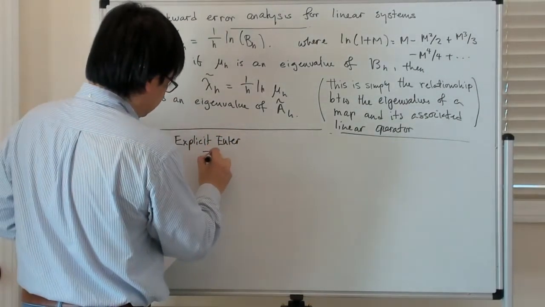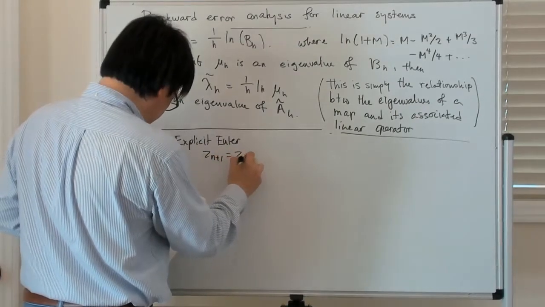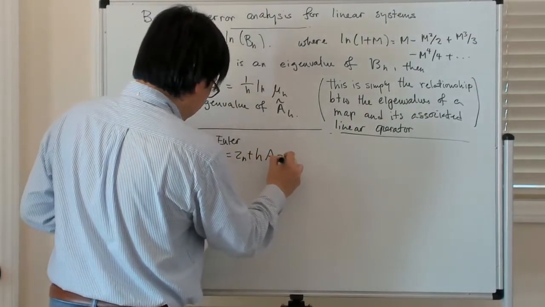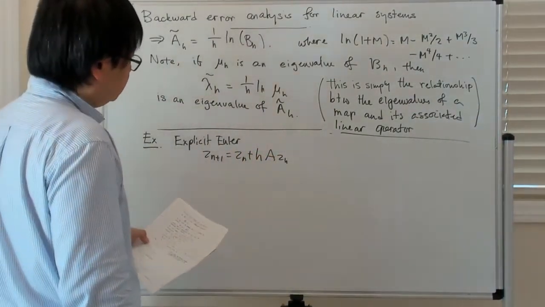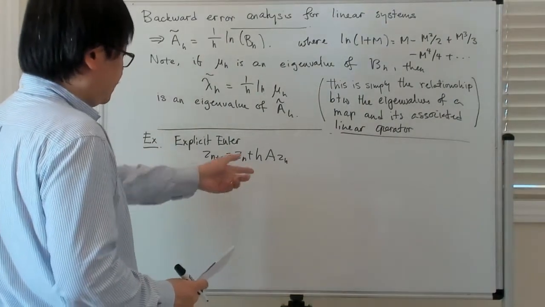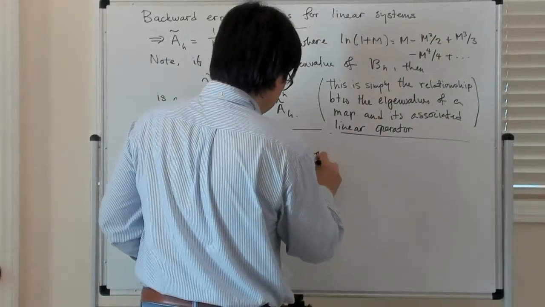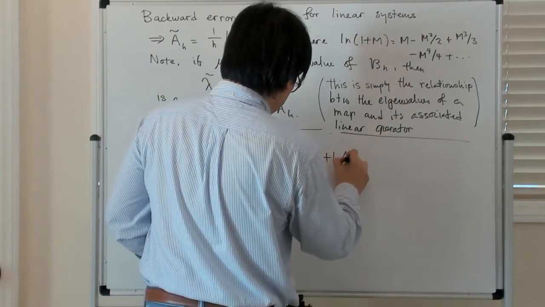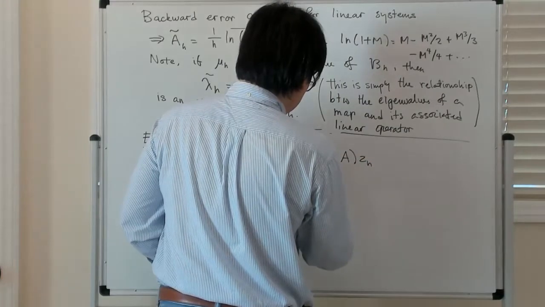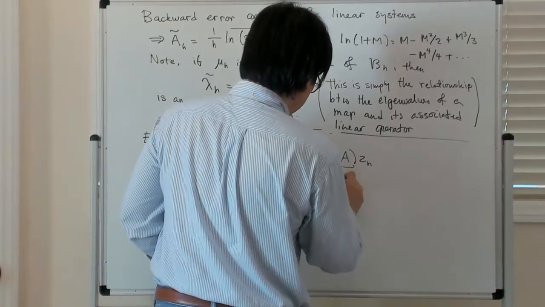So z_{n+1} is equal to z_n plus h A z_n. You want to write this as a linear operator acting on z_n. This is just the identity plus hA acting on z_n. So this is what I had called B_h, basically.